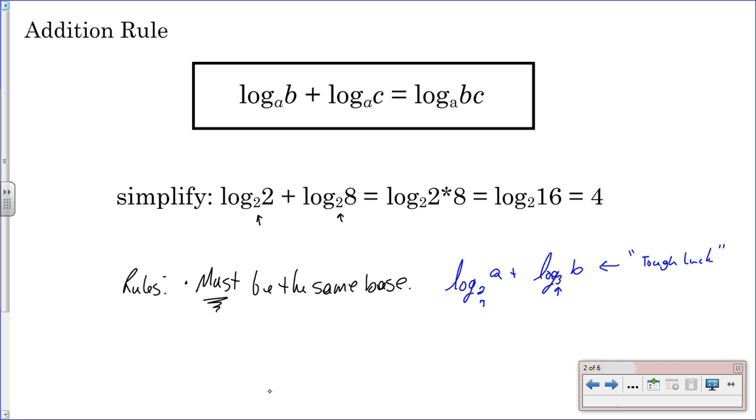Also, second rule for our addition rule. Logs can't have coefficients.